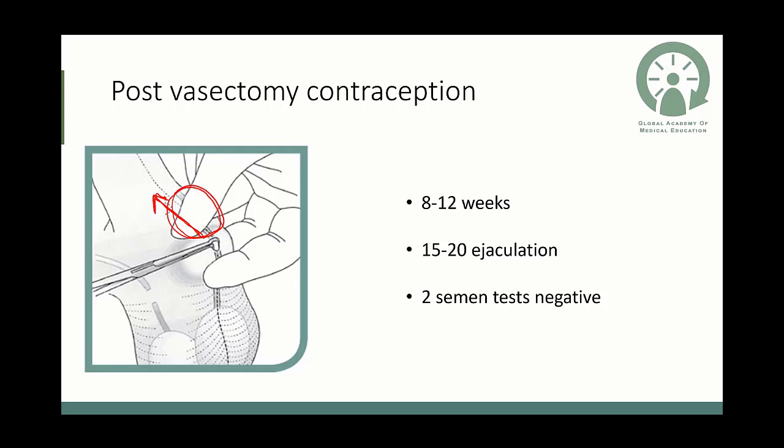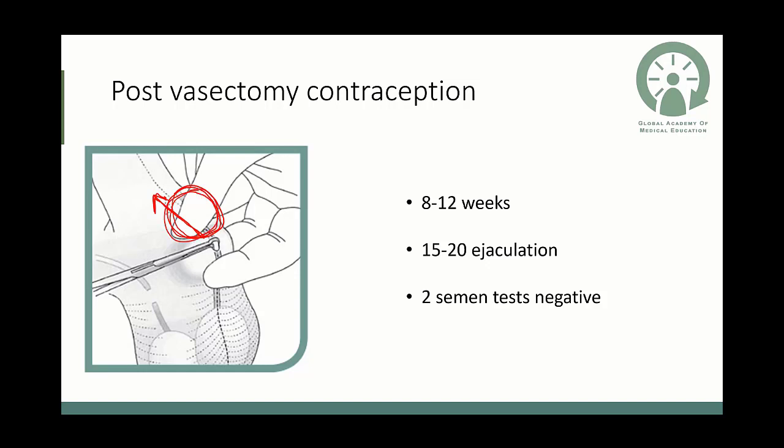So they can go into the vagina after unprotected ejaculation and can impregnate the woman, causing vasectomy failure. So it is recommended to use other methods of contraception until this reserve gets over.